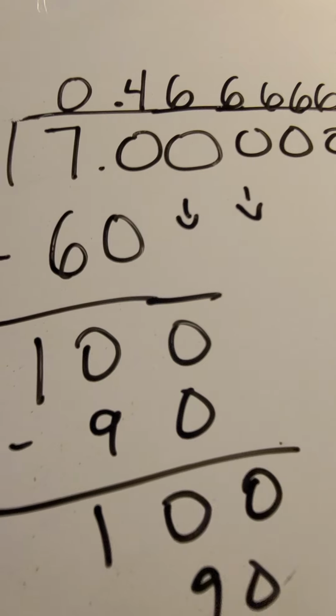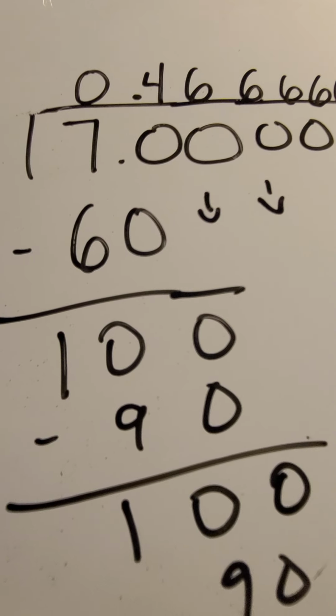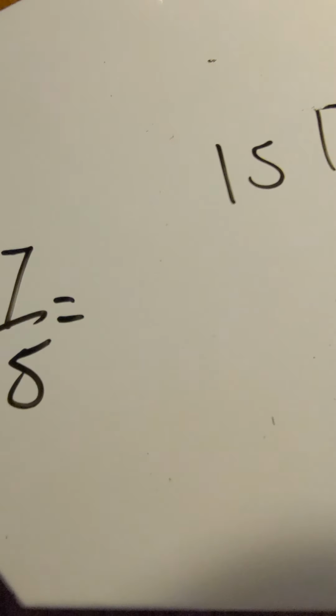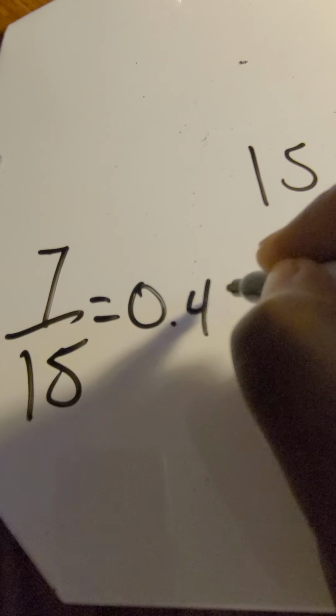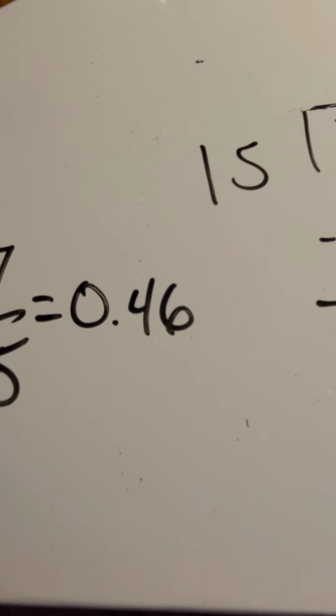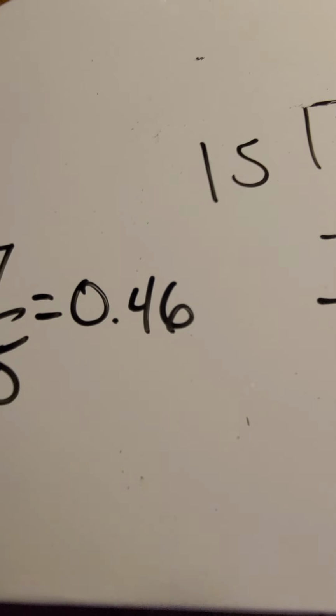So we can conclude that 7 over 15 is equal to 0.46. Now we're going to round to the nearest hundredth.